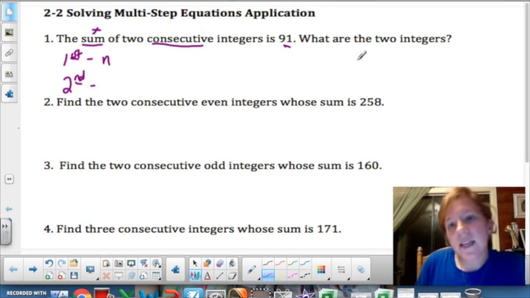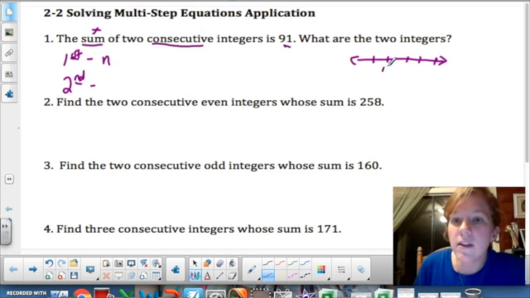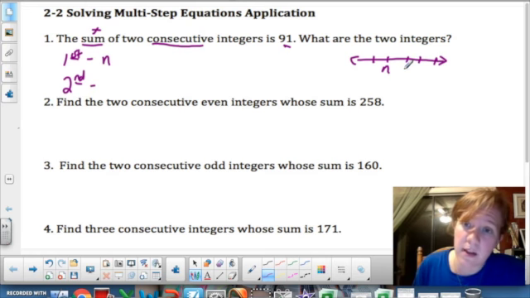In order to figure out what that second number is going to be, you've got to think about a number line. I've got this value. I don't know what it is, so I can't place it exactly on the number line, but I know that somewhere on the number line I have a value that's n. And I know that the very next number on the number line is what I'm looking for. So this blank here is the value I want.